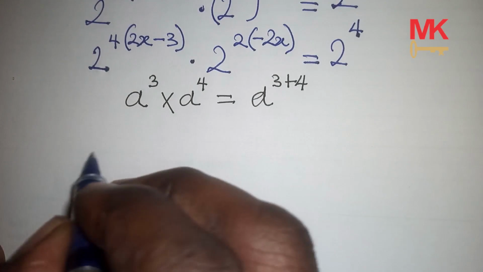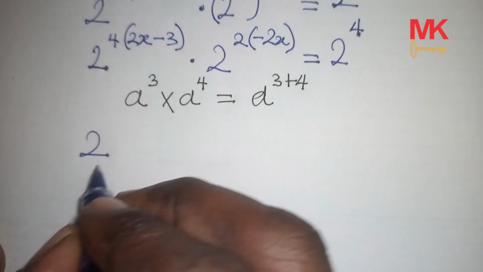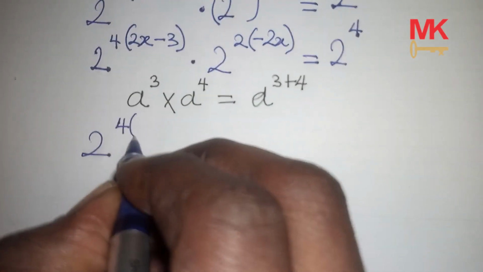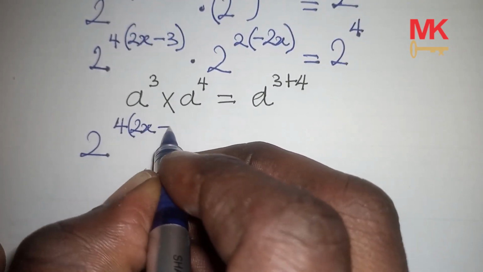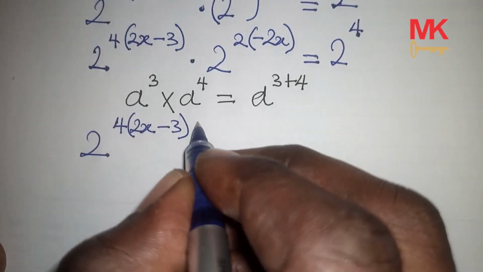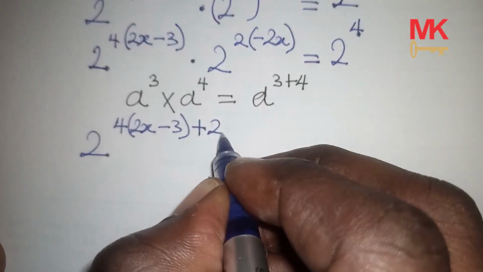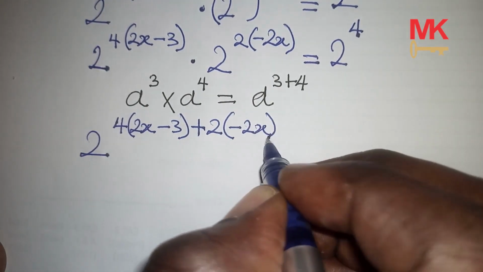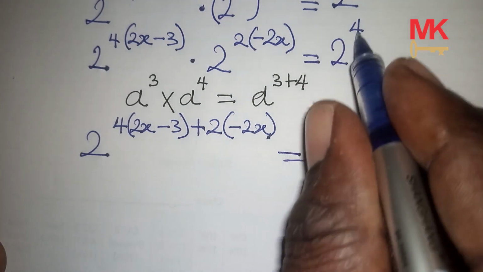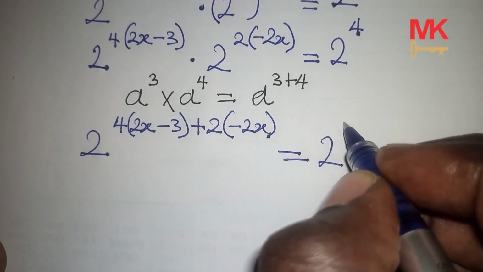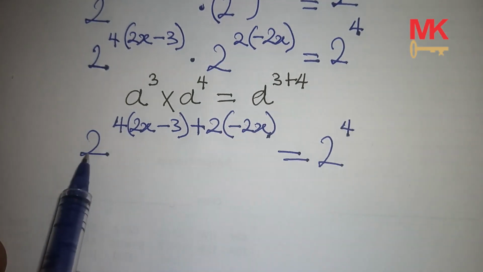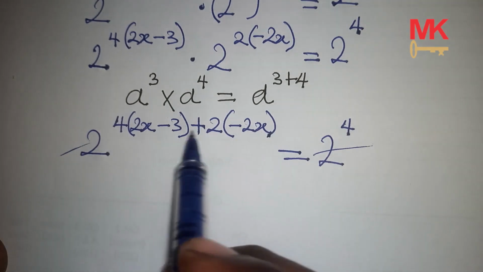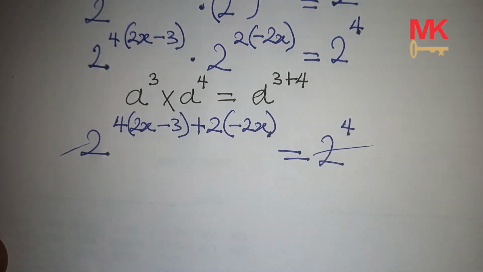So we are going to get 2, you pick one of the 2 here, raised to power 4, open bracket, 2x minus 3, close bracket, then plus 2, open bracket, minus 2x, bracket closed, equal to the right hand side, that's 2 raised to power 4. Since the bases are now the same, we can take them out and just equate the exponents.